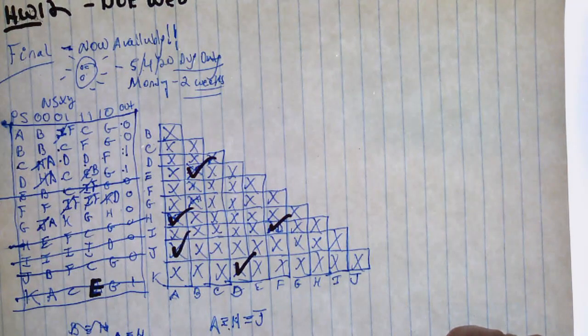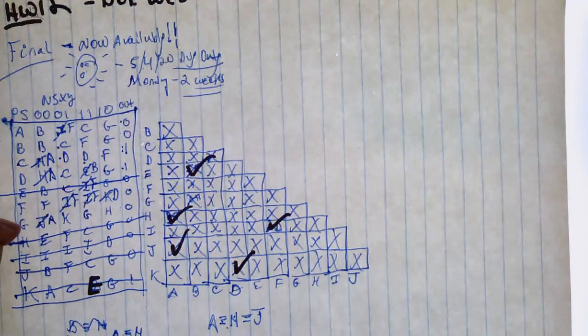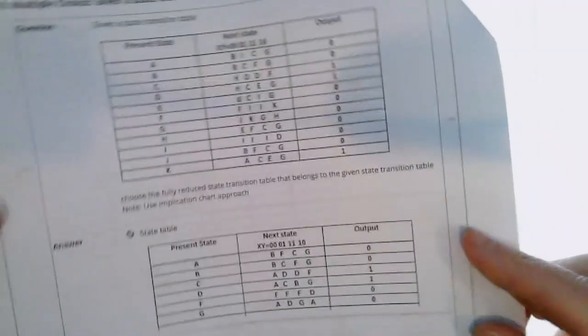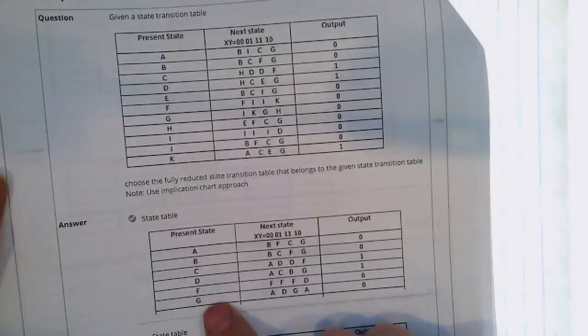And what else? So we seem to have A, B, C, D, F, G. And that is what I have here, A, B, C, D, F, G.